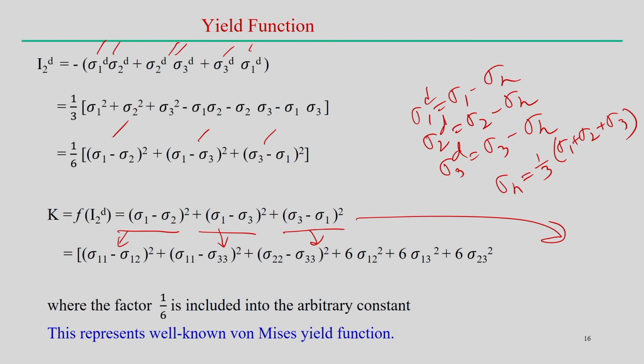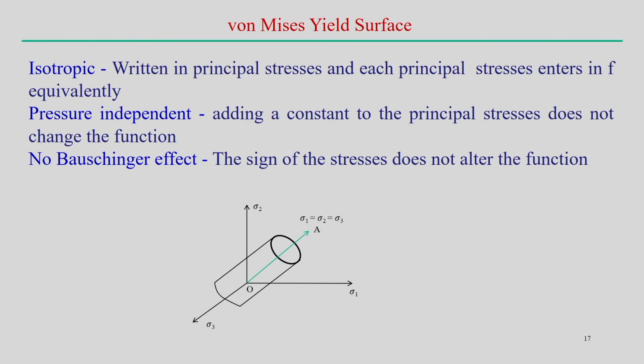And the plastic deformation is independent of the applied pressure. That means plastic deformation is considered only because of the deviatoric stress component, not the hydrostatic component. So with all these assumptions we can reach this functional form of the von Mises yield function. Now, we can look into this.